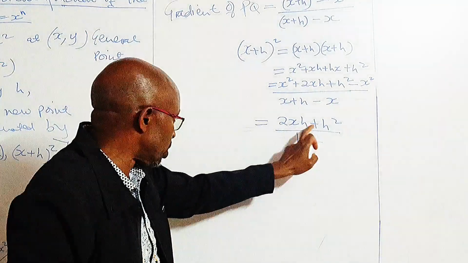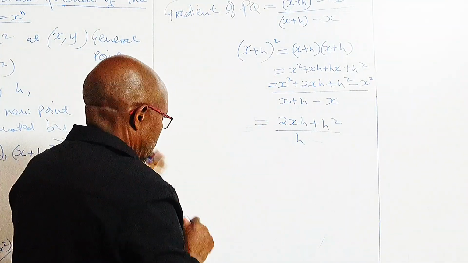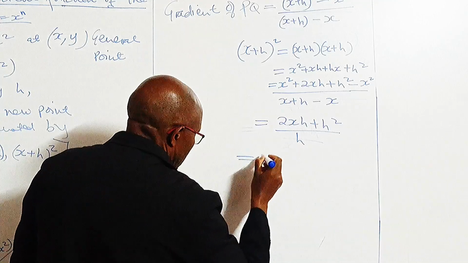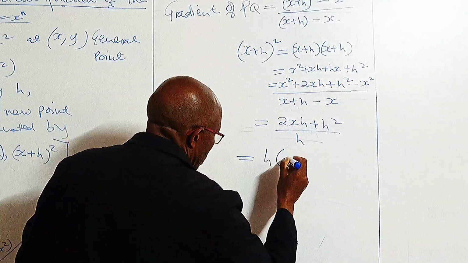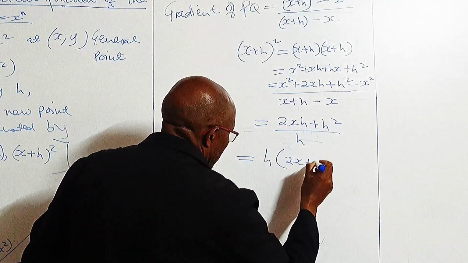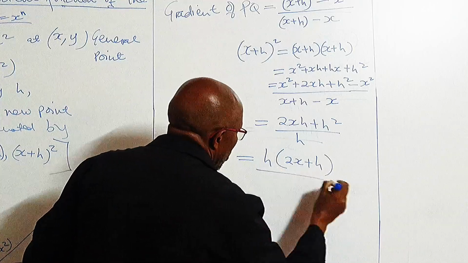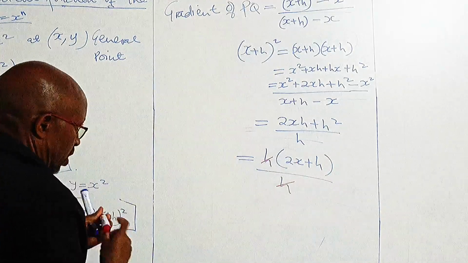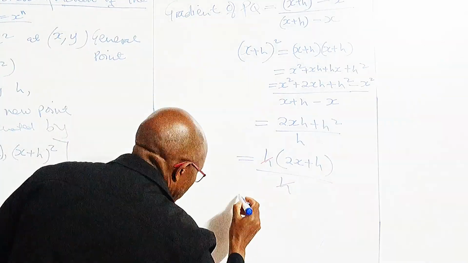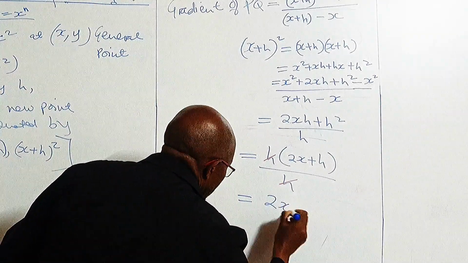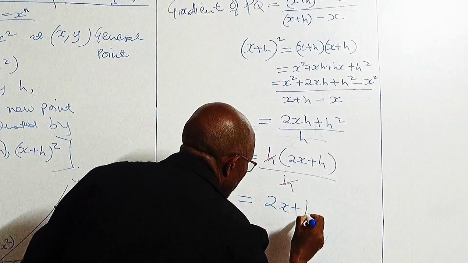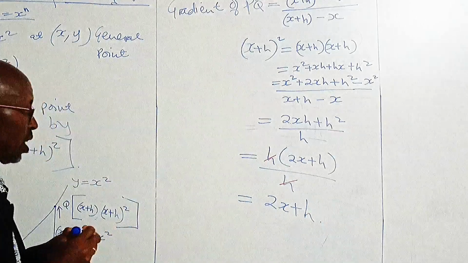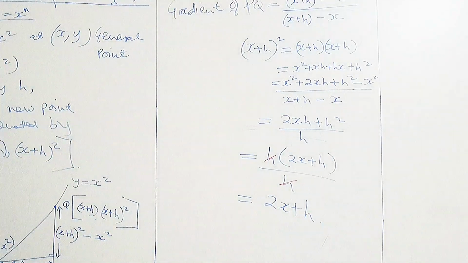Factoring out h because it is common, we have h times (2x plus h) all over h. You can cancel off the h such that we are left with 2x plus h as our gradient of PQ.